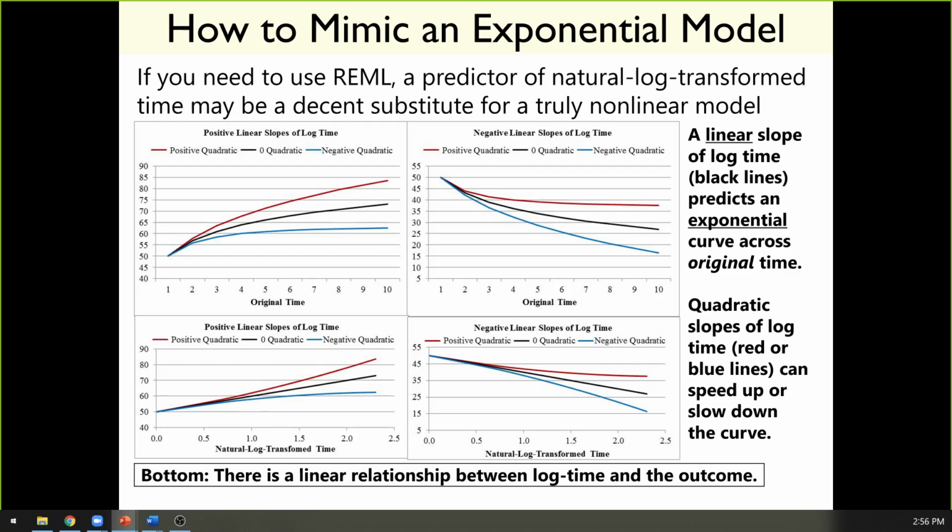Because we're used to thinking about the change per session, but one session of log time could be 2 sessions of regular time, or 3 or 4, depending on where you are on the curve. So it loses the interpretation in a traditional linear model sense, but it gains plausibility. And this is not in my book, but it is going to be next time.